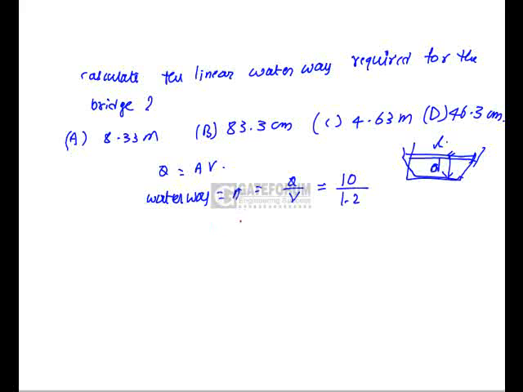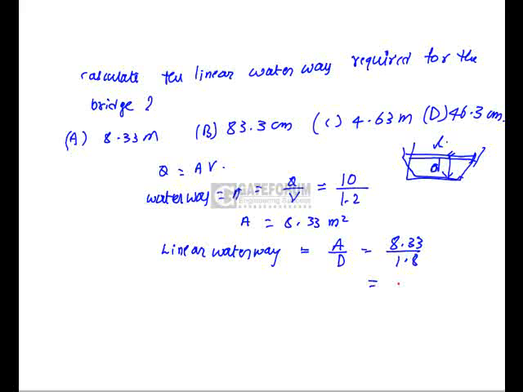Therefore area A is equal to 8.33 square meters. The linear waterway is equal to area by average depth of flow, that is 8.33 divided by 1.8 meters, equal to 4.63 meters. Option C is correct.